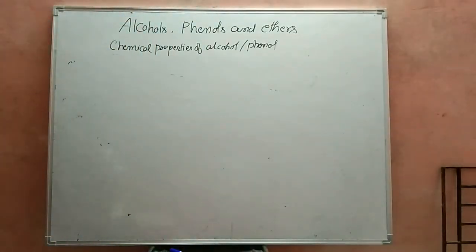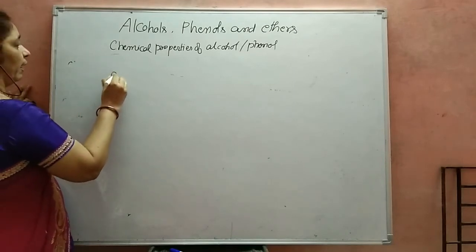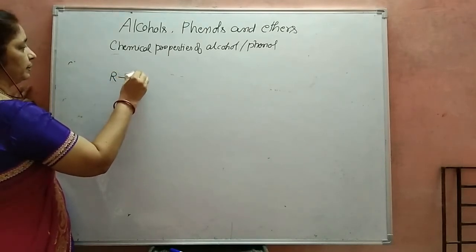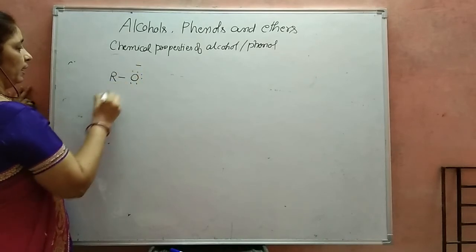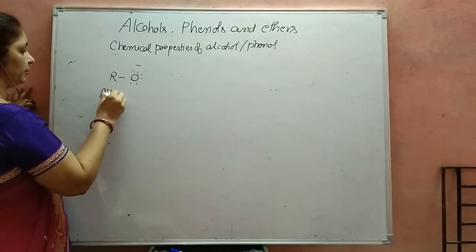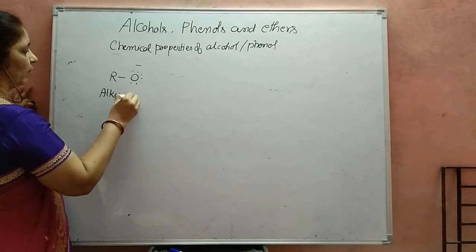The equation with RO-, this is alkoxide ion.